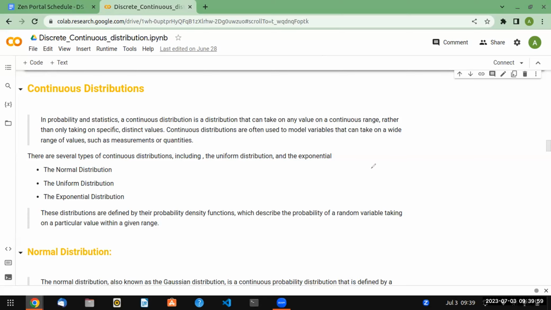Now, for example, if in the x-axis you plot the weight of people.